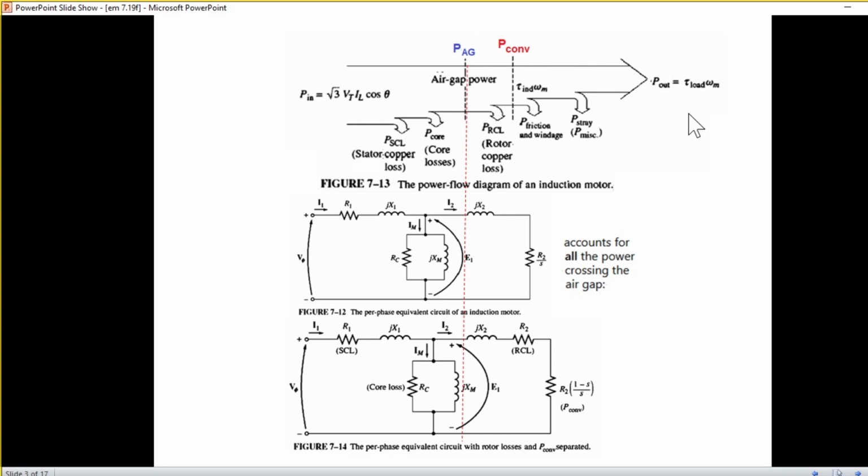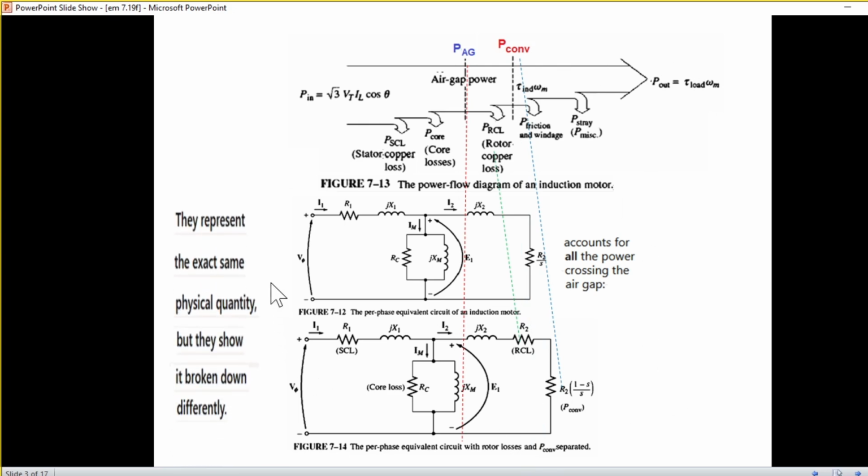After this, any power crossing is represented by this resistance, which takes care of the powers ahead of PAG. Here, this takes care of the rotor copper loss, and this one takes care of the remaining P converted. They represent the exact same physical quantity, but show it broken down differently.